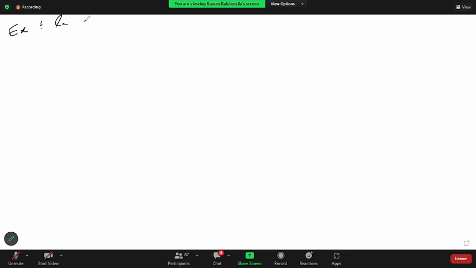Next one, limit of sin 1 over x when x approaches 0. What's happening?